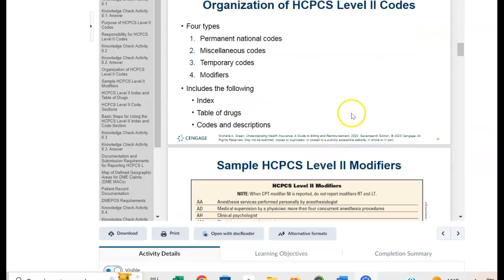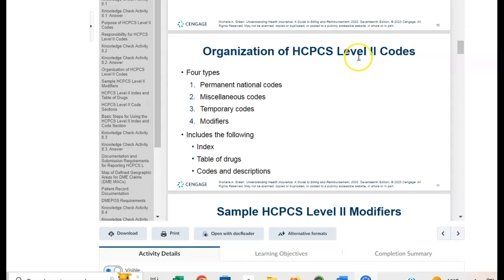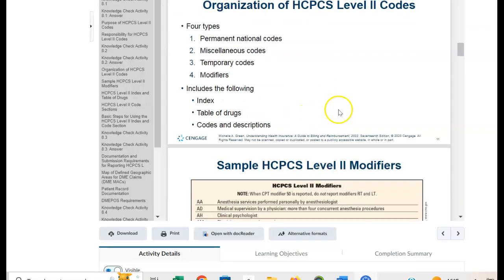All right, so organization, what we all have going on with level 2. There's 4 types. We have the permanent national codes, we have some miscellaneous, temporary, and you're also going to have those HCPCS modifiers.